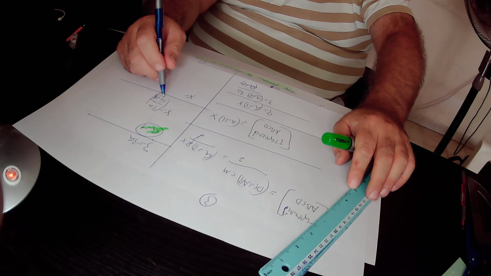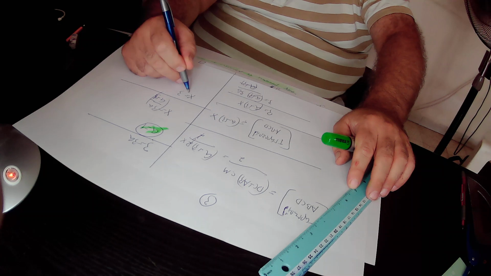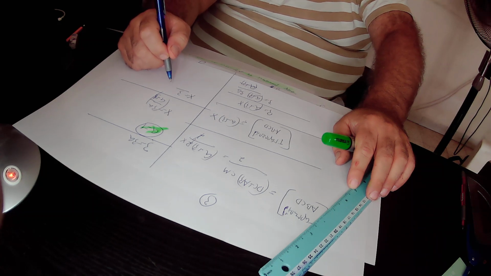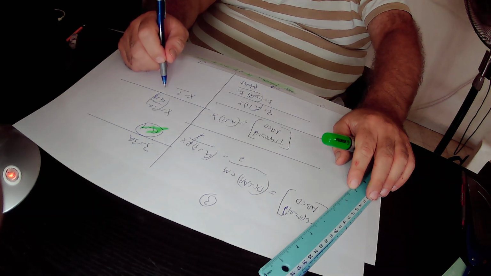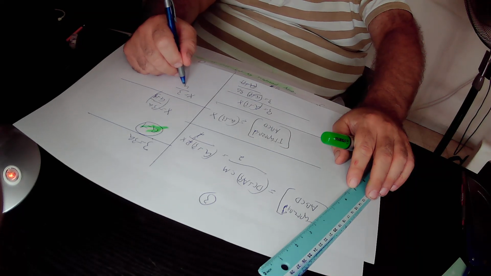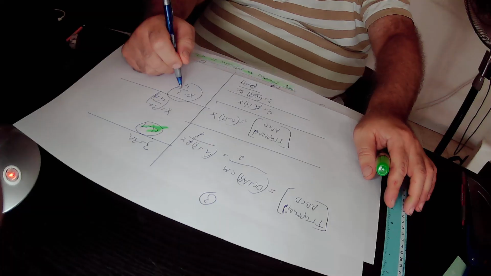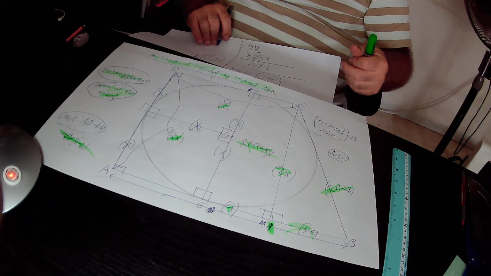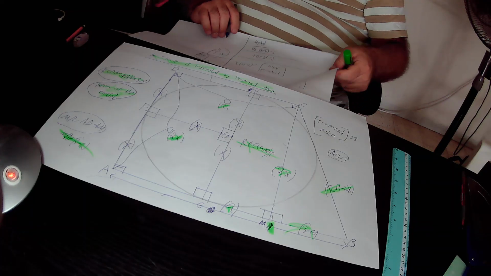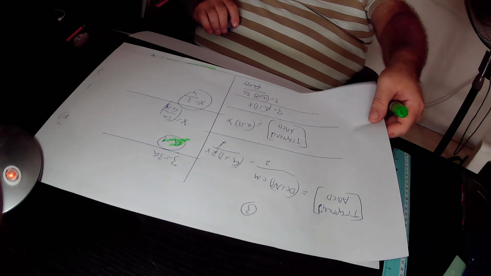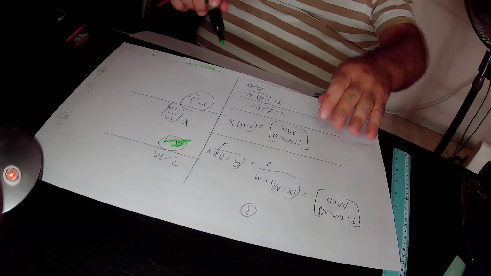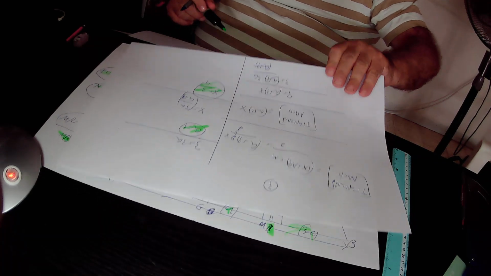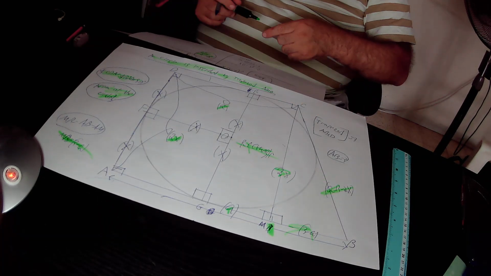A is 1, so 3a is 3 times 1, that is 3, over a plus 3. So a is 1, so a plus 3 is 1 plus 3, that is 4. So in total, we found out that x, that is the radius of this circle, is equal to 3/4 units in length. Our task is to find out the area of this circle.